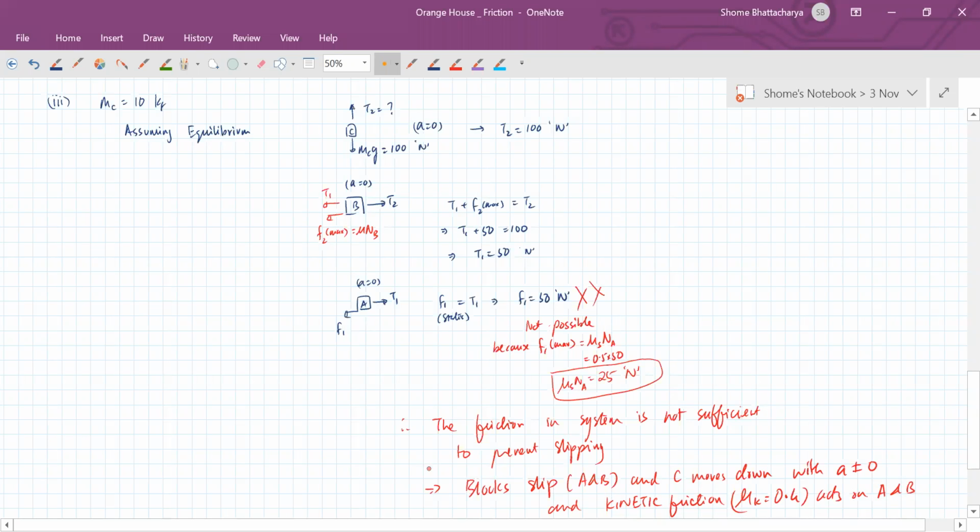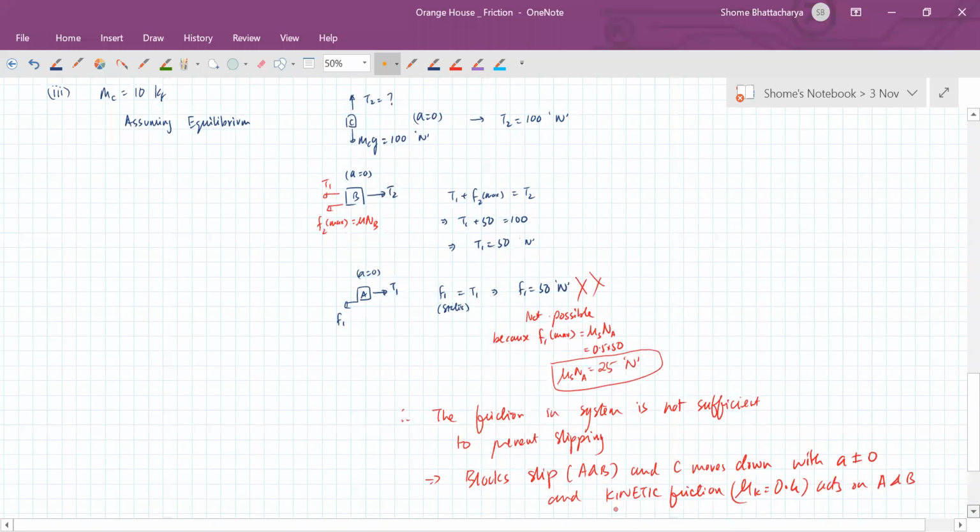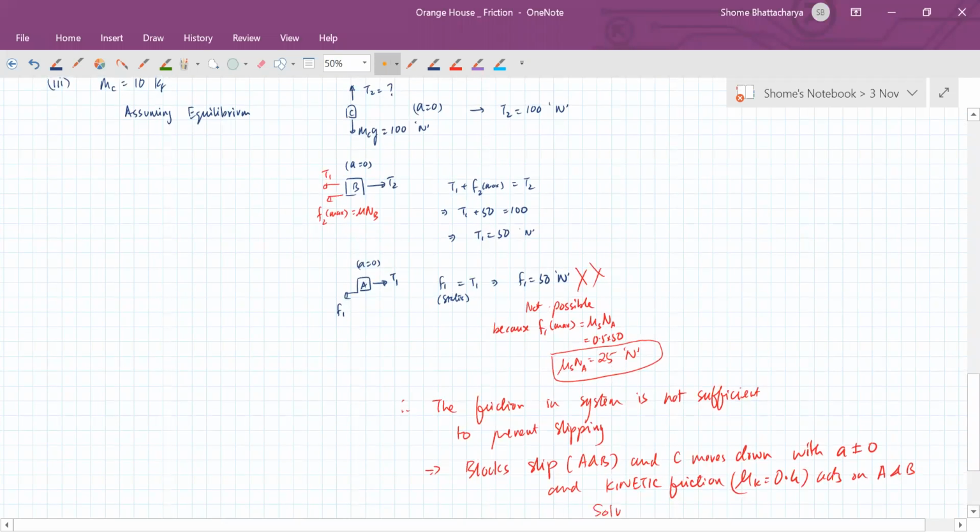Now we solve the free body diagrams again using this assumption. What condition? That acceleration is not equal to 0 and the friction is kinetic friction.